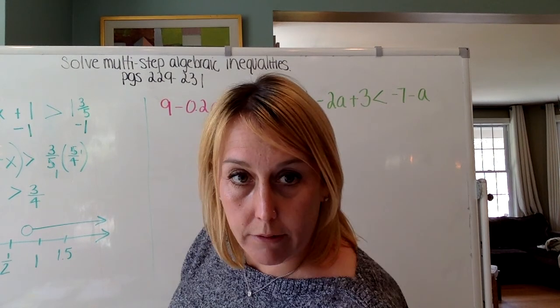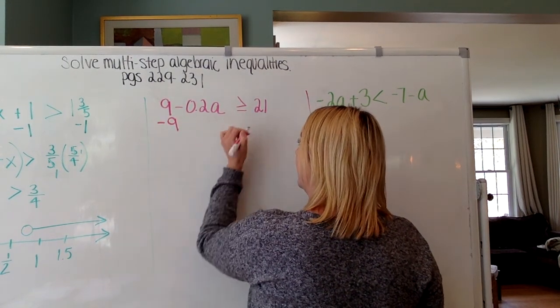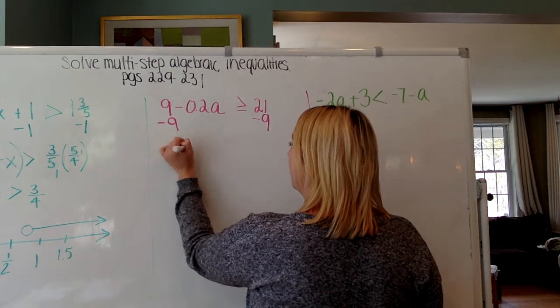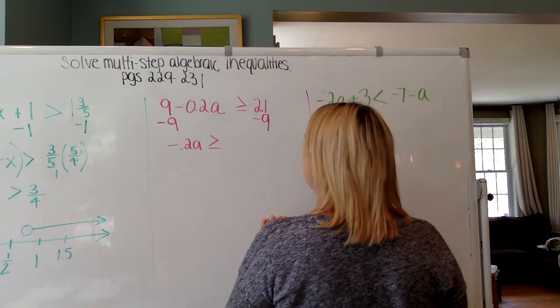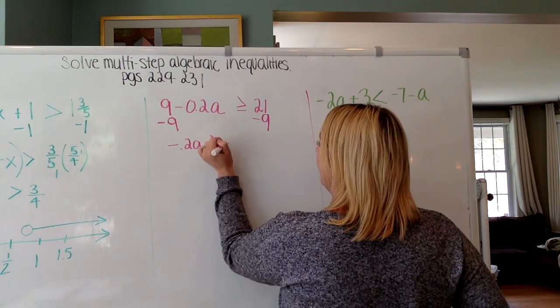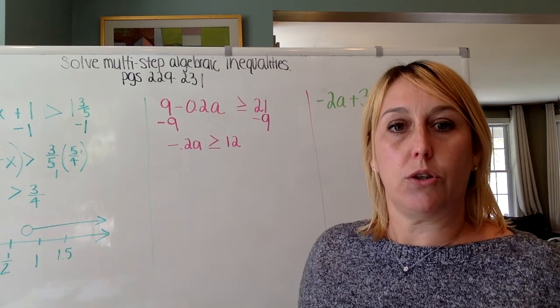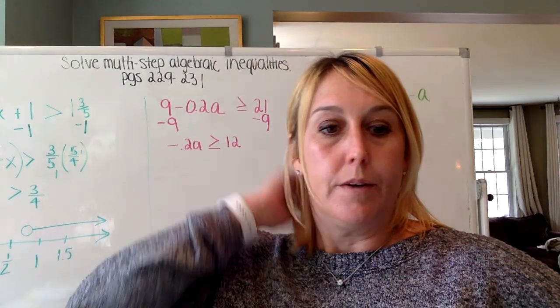So if we are going to get rid of positive 9, that means we're going to subtract 9. So now I have -2/10 a is greater than or equal to, and 21 minus 9 is 12, okay?